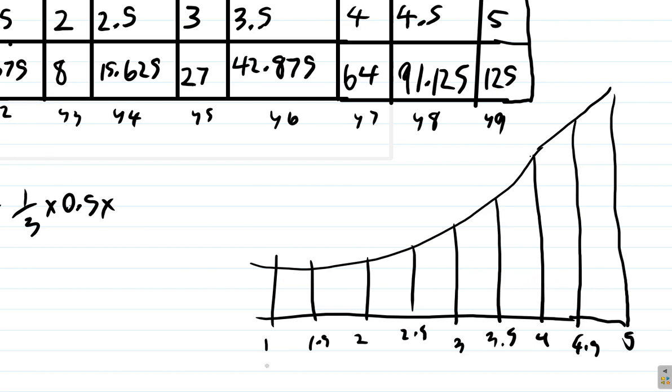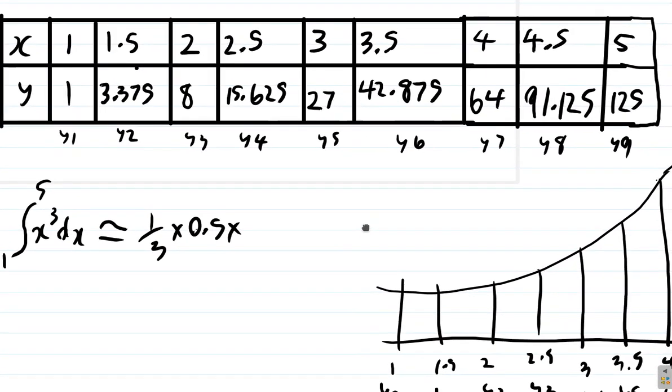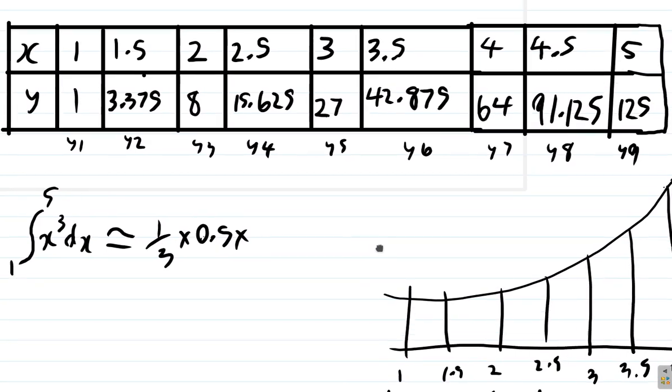We call them y0, y1, y2, y3, y4, y5, y6, y7, y8. That's why it has them like that. So y0.